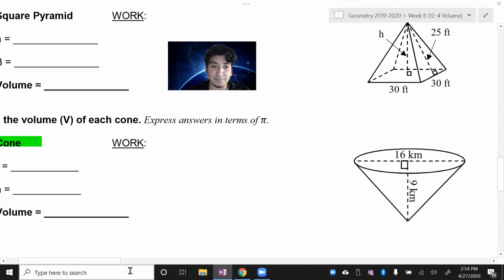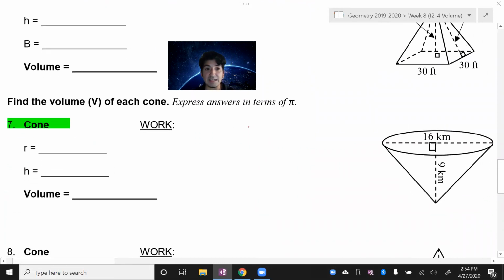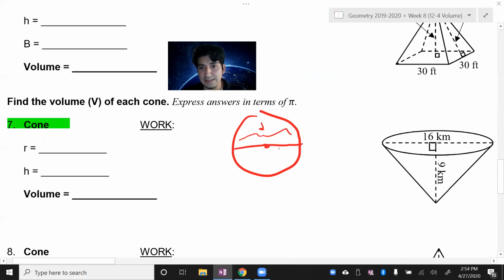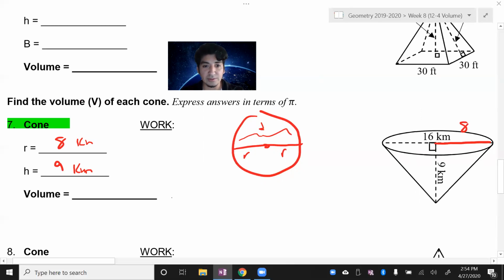Now, for the cone, you have to break it apart for what we know. When you have a circle, this is the diameter, and this is the radius. Half of the diameter is 8, so don't forget about it. The height of this is 9, so that one's a little more straightforward, and it'll be in kilometers. To solve, it's 1/3 pi r squared times height.